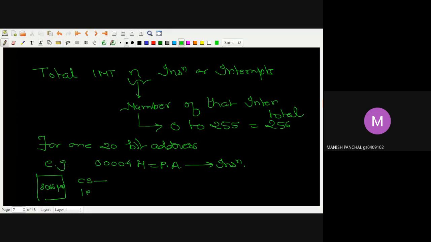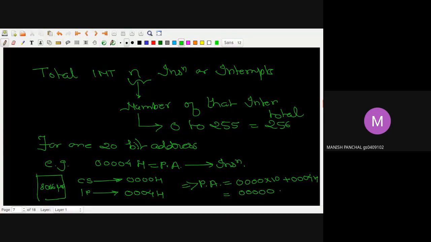For example, assume the code segment is initialized to 0000H and the IP is initialized to 0004H. To find the physical address, I will do this mathematical calculation: 0000 into 10 plus 0004H. So this will be 00000 plus 00004, which becomes 00004H. This is the physical address.